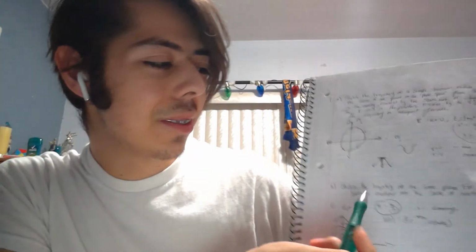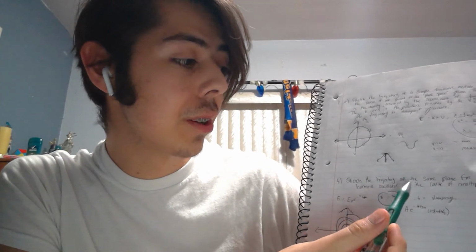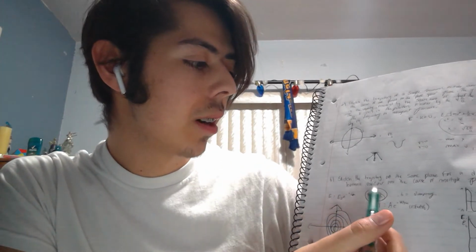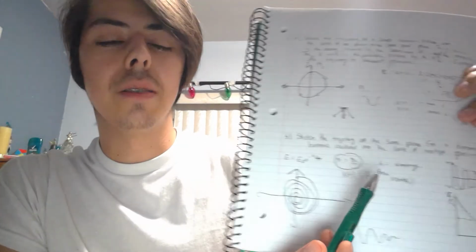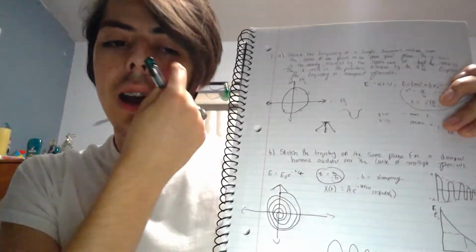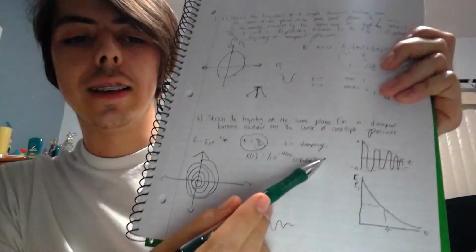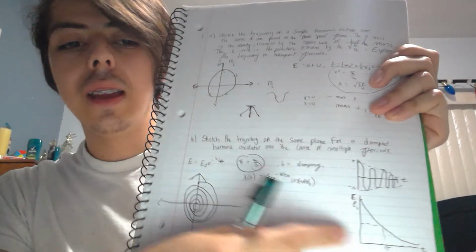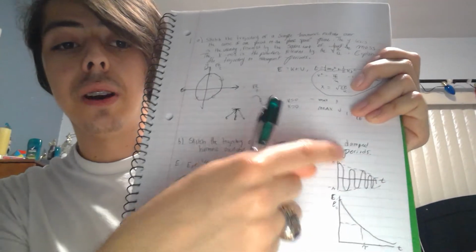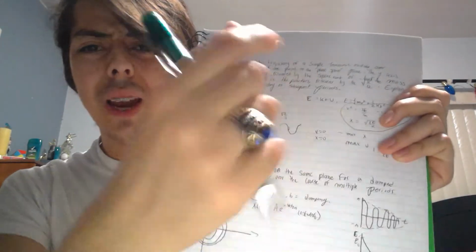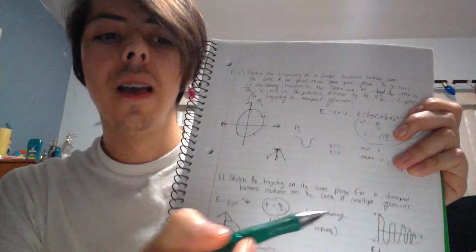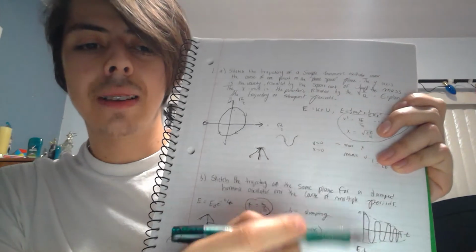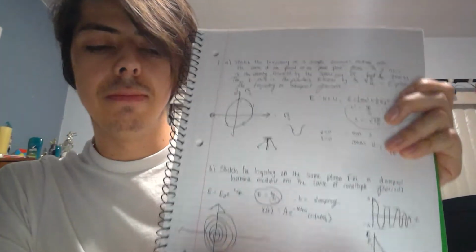Part B was to sketch a trajectory on the same plane for a damped harmonic oscillator over the course of multiple periods. Just knowing these equations from the back of the chapter, you know that when you start damping, your energy goes down exponentially, and as your energy goes down exponentially, your amplitude also goes down. Your waves get smaller, your maximum height goes down each time because your energy is decreasing.